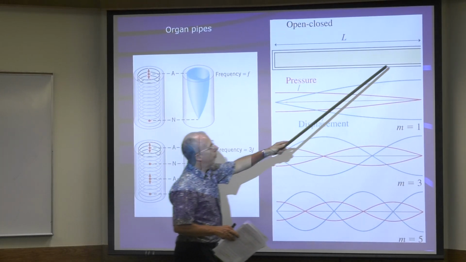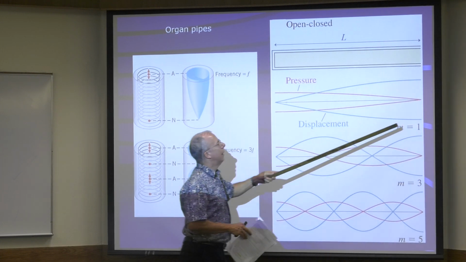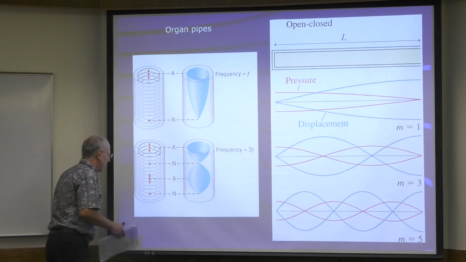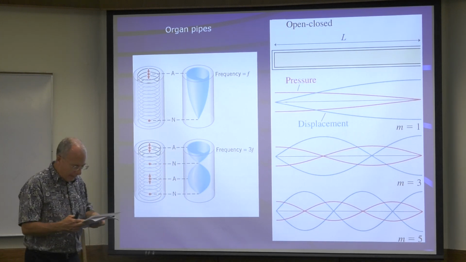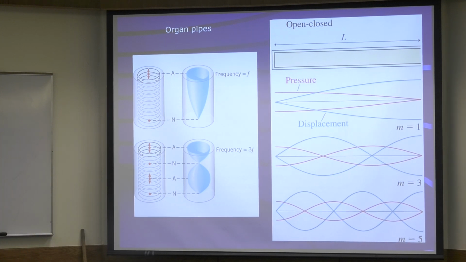So here it's open, so that means the air can go like this, right? And it's closed, so the air can't oscillate. You don't have to do anything fancy at all.